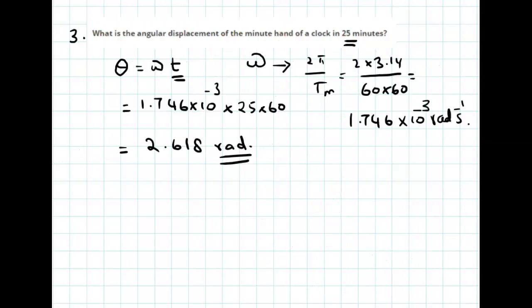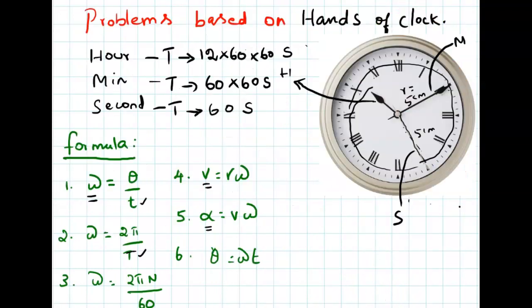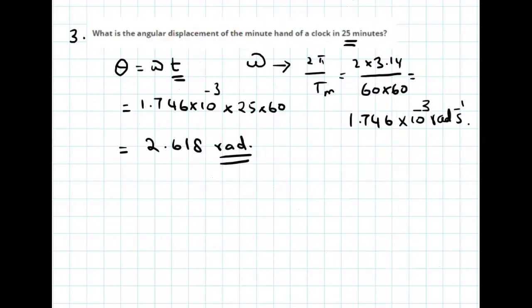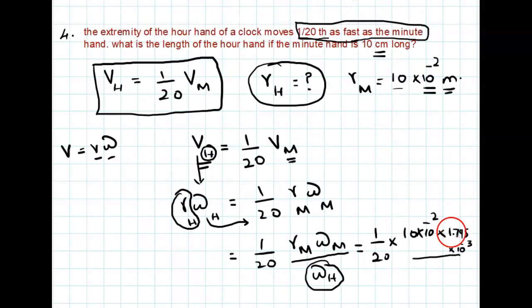So we can check the values, 1.454 times 10 to the power minus 4.